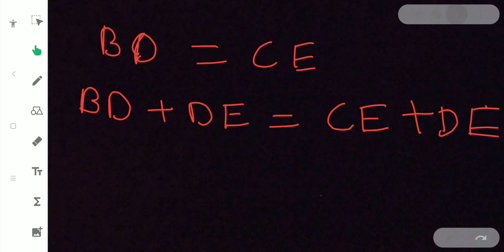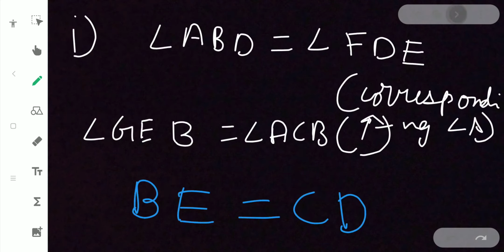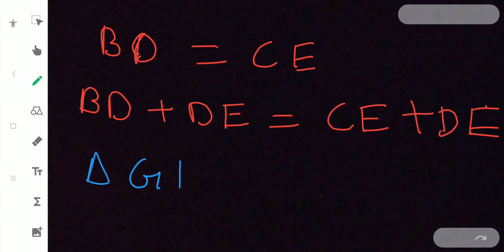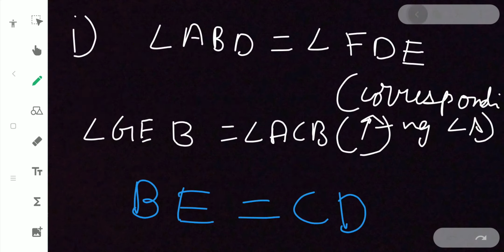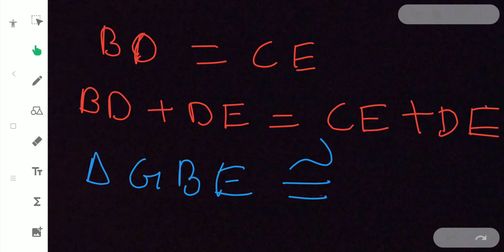So triangle GBE is congruent to, this is the symbol of congruent, triangle FDC. I have just written it roughly.